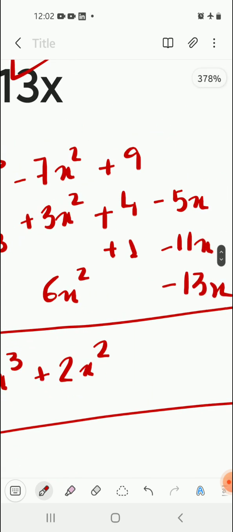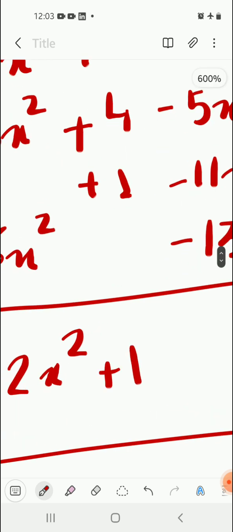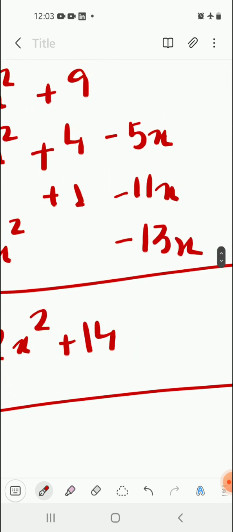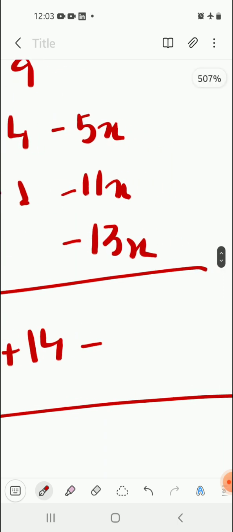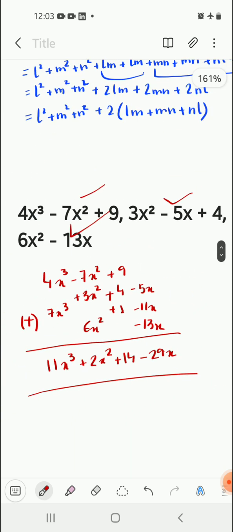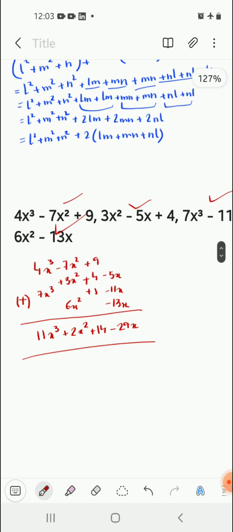Plus 9 plus 4 plus 1, it becomes 14. So we're going to write 14. And minus, all are in minus sign, so put a minus sign and add all these numbers. So 11 plus 5 is 16. 16 plus 13 becomes 29. And then we write an x here. So we are done with it. We're going to do the same sum following the other method.